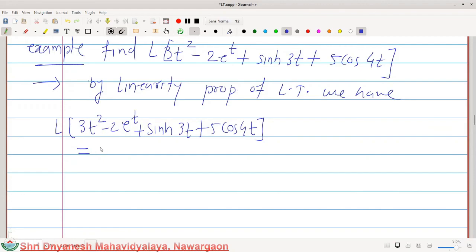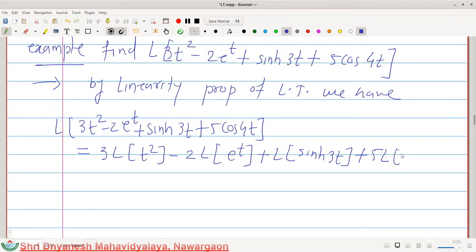So what will we get by using linearity property? This is 3 Laplace transform of t square minus 2 Laplace transform of e^t plus Laplace transform of sinh(3t) plus 5 Laplace transform of cos(4t).